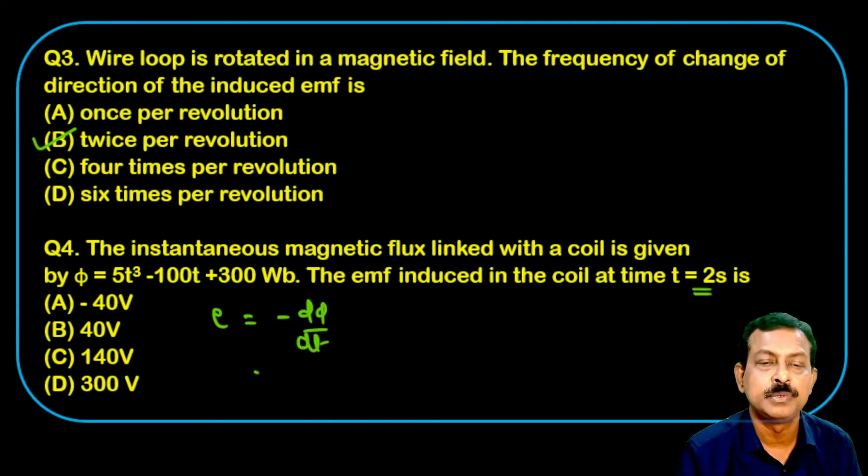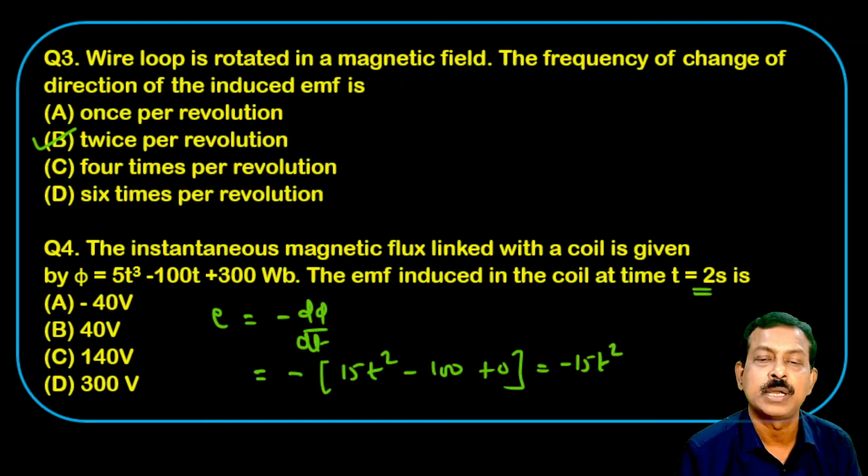The differential of 5t cubed is 15t square, then minus 100 plus 0. So this is minus 15t square plus 100.